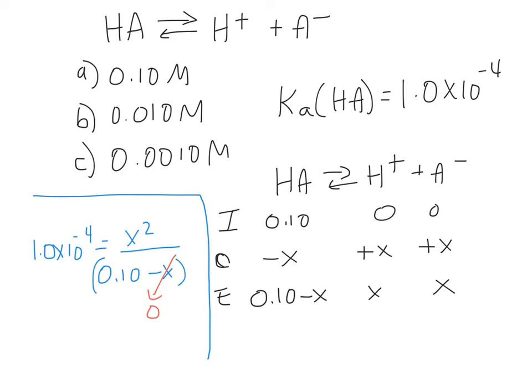But for this video I'm going to go through the details of both situations for all three solutions, and we'll compare and contrast. Now in class I gave a rule, and that rule is that you can do a test: compare the initial concentration to the value of K. So in part A, you've got 0.10 molar, and you divide by K, 1.0 times 10 to the minus 4.